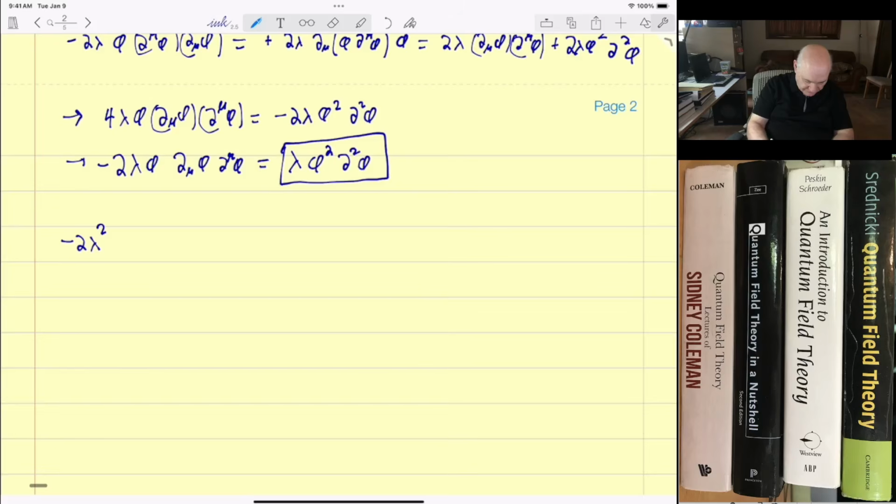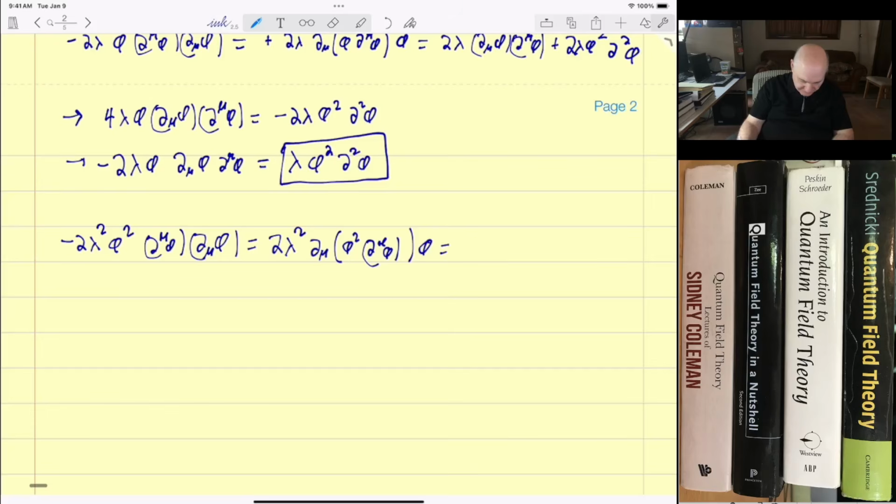Minus 2 lambda squared phi squared partial mu phi. This is equal to 2 lambda squared partial mu phi squared partial mu phi, and then phi again. And this is equal to 4 lambda squared phi squared partial mu phi plus 2 lambda squared phi cubed partial squared phi.